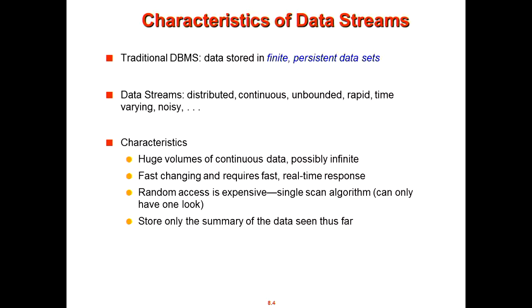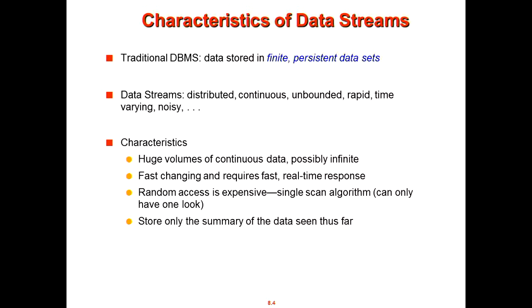It's hard to describe the data streams, but we can summarize their characteristics with the following 4. The first is that there are huge volumes of continuous data, possibly infinite. It's fast changing and requires fast real-time response. So for dealing with streaming data, normally we expect real-time processing to get the results for the queries instantly.